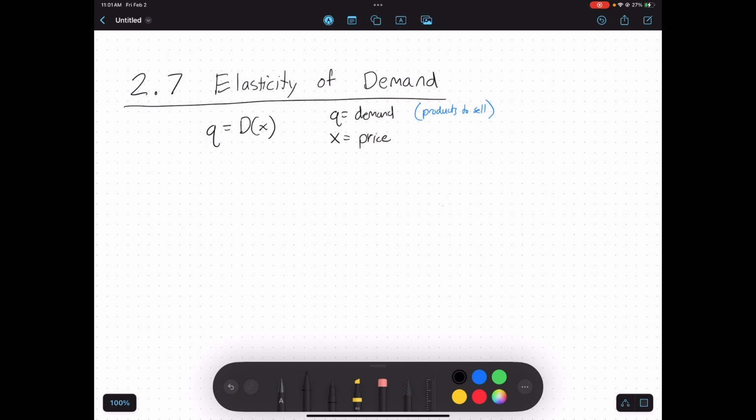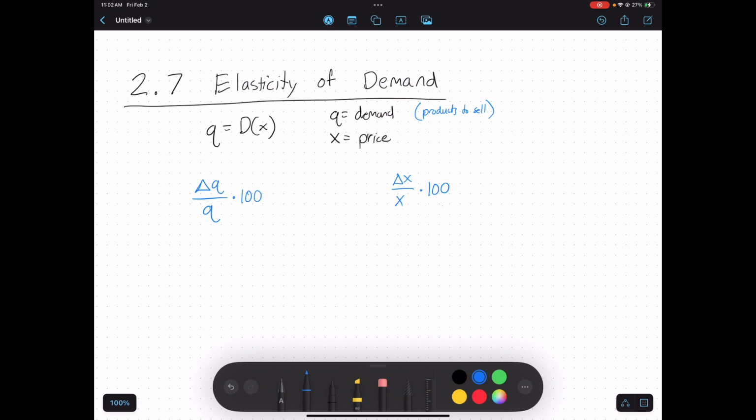So in order to understand elasticity of demand, we have to understand a couple of important ratios, and they're very similar. We need to understand this ratio, and we need to understand this ratio. You'll notice they look exactly the same.